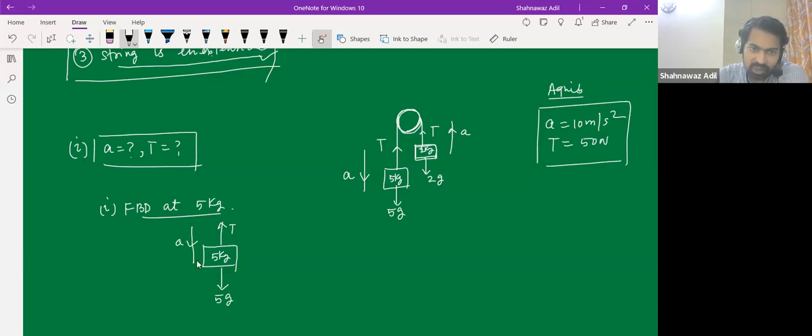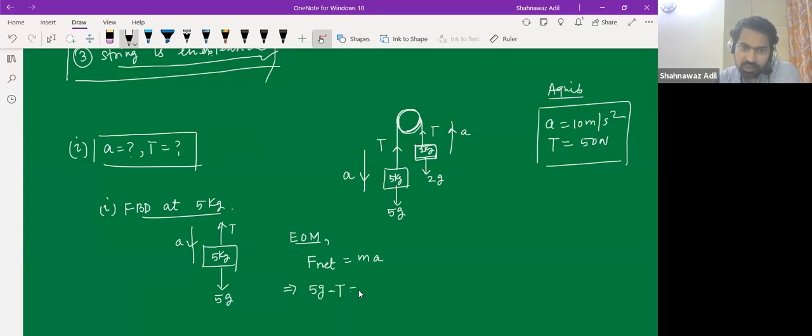This is moving, which means we have to write the equation of motion. F net is ma, and you already know the sign convention. Which is positive and which is negative? T is negative, so this is 5g minus T.